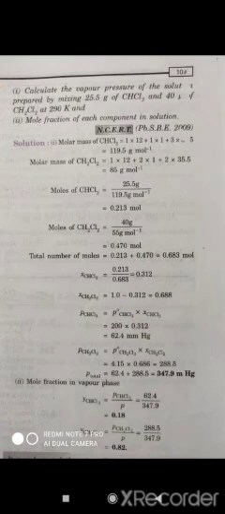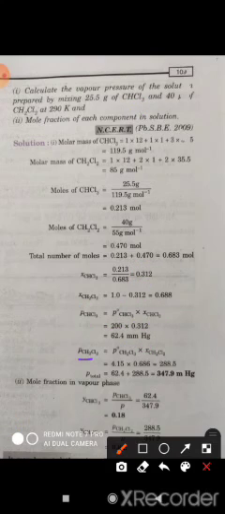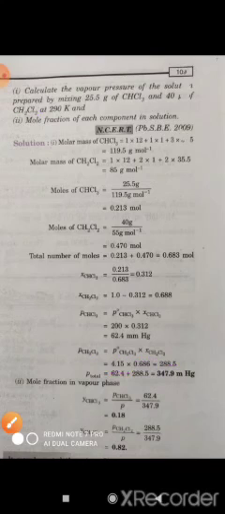Similarly, we'll find out Pb. B is this component, so that is P naught B xb. Here the P naught B value is given to us, and the xb value we have found by this method, so we got this value. So what is the total pressure?